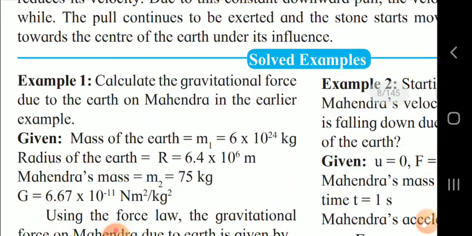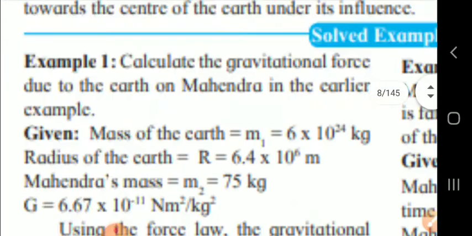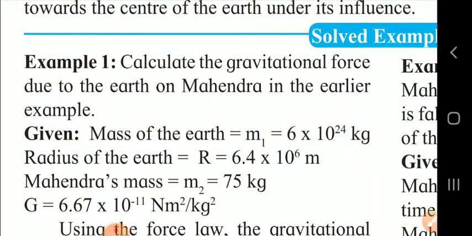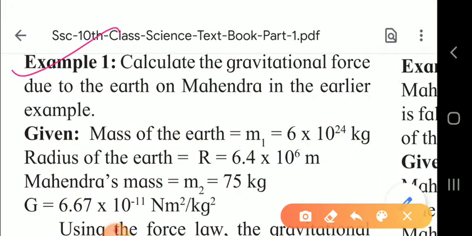Now let us see the first example. This is example 1. Calculate the gravitational force due to the earth on Mahindra. In the earlier example, the mass of the earth m1 is given as 6 into 10 raised to 24 kilogram. The radius of the earth is 6.4 into 10 raised to 6 meter. Mahindra's mass m2 is 75 kilogram.